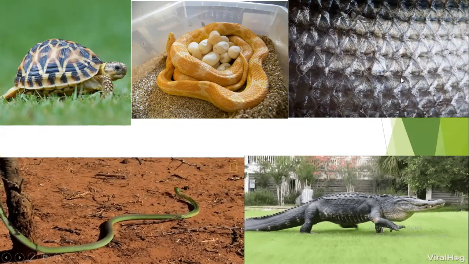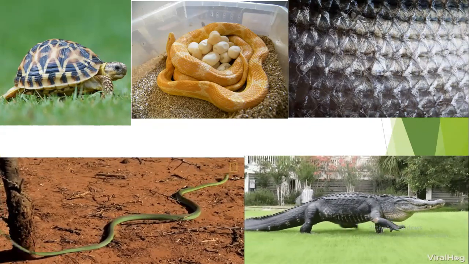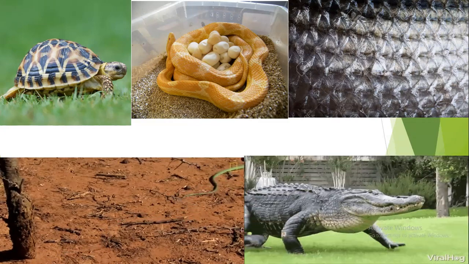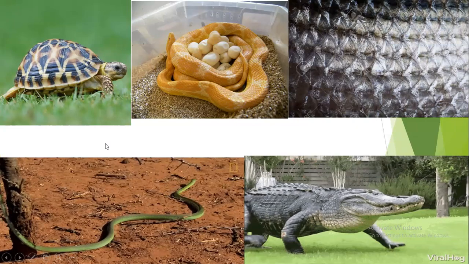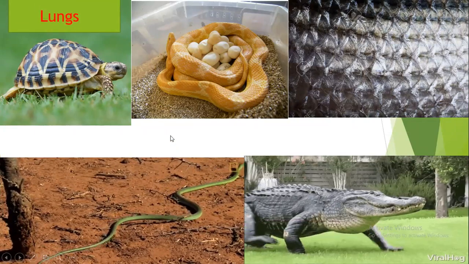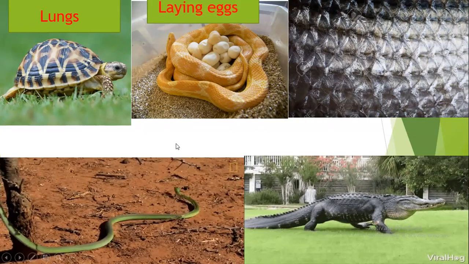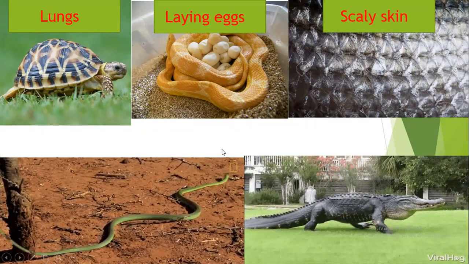It protects the animal's body, and it prevents it from drying out. Now, reptiles breathe with their lungs. They reproduce by laying eggs. They are covered with scaly, dry skin.